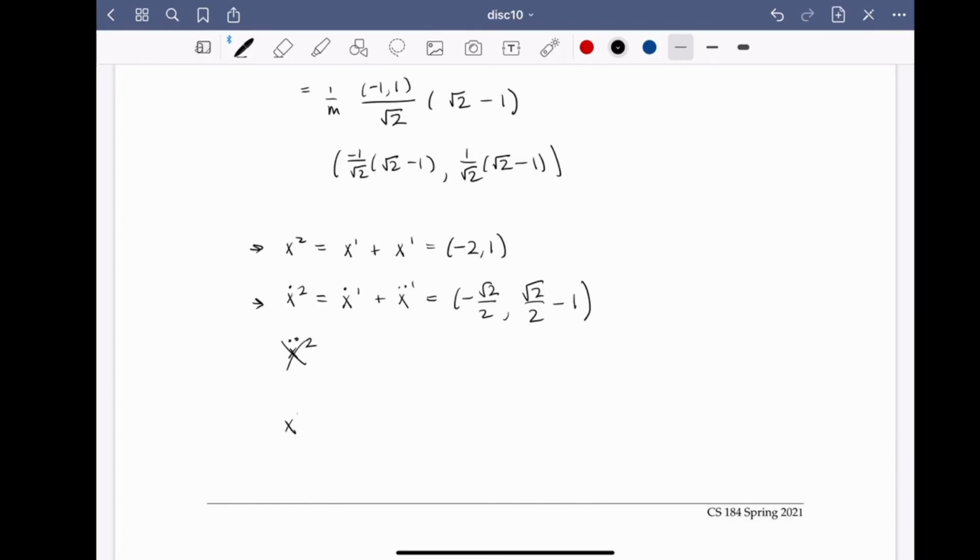So let's just go ahead and do that, and we can avoid all the unnecessary calculations. So then we're just going to have negative 2, 1 plus this, and that's just going to give us our final answer.